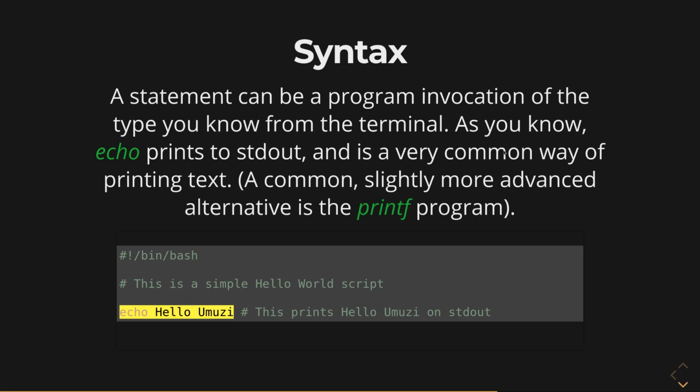So for example, I think we've seen echo already. Echo just prints to standard output. So in order to get the script to print something, just use echo. That's the simplest way of outputting text to standard out. There's also another program called printf, which is also in the POSIX standard, which has slightly more options than echo. If you need that, you'll find out more about it in the man pages.